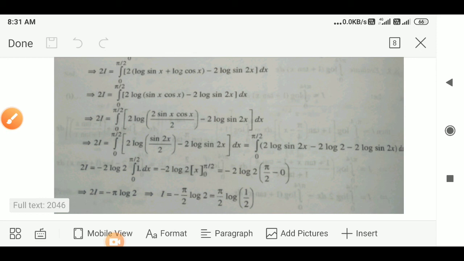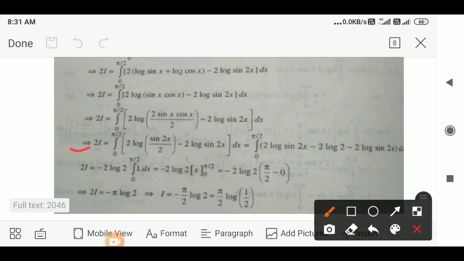Thus 2I is equal to the integral from 0 to pi by 2 of log sin 2x upon 2 minus 2 log sin 2x. So we get, using again the property of log, log sin 2x minus 2 log sin 2x.